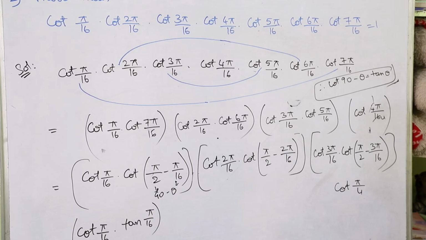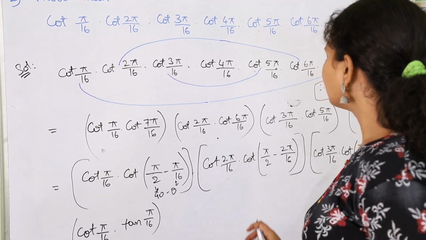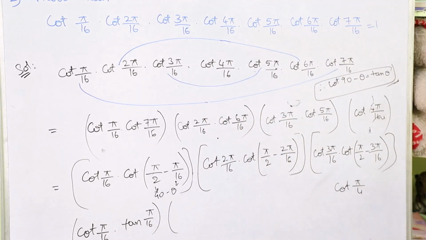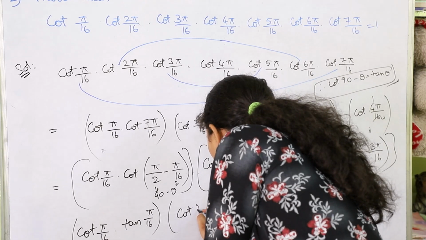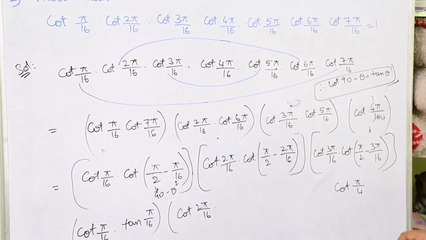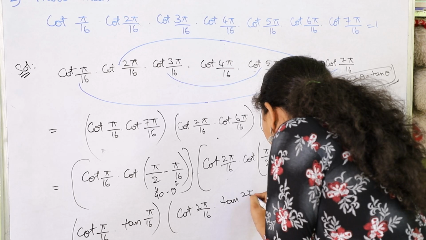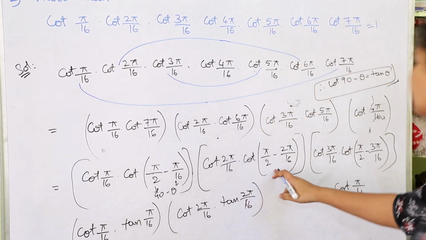Now, the next step is what, guys? Here we have cot 2 pi by 16. Let me write down cot 2 pi by 16 as it is, into tan 2 pi by 16. Clear? This is how I'm writing tan 2 pi by 16.